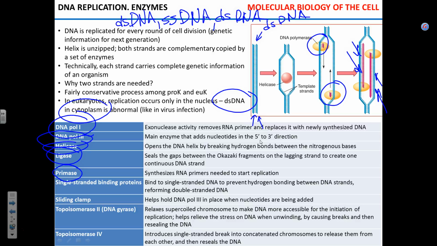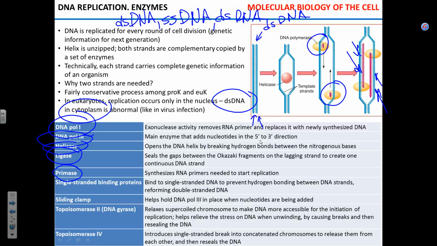When DNA is unzipped and the strands are separated, remember it all happens usually at normal temperature. We talk about room temperature, 37 maybe, if it's a human body. So when those DNA strands are separated, what would they want to do? Come back together, yeah.